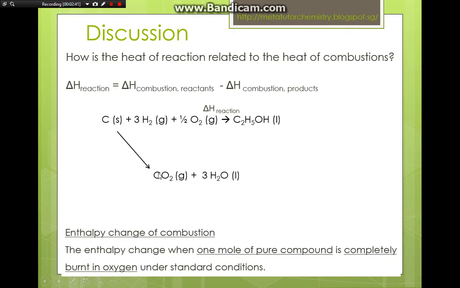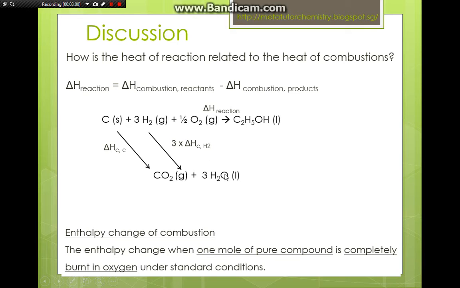For carbon combustion, we have 1 mole, so this is the heat of combustion for carbon. Hydrogen, you have 3 moles, pointing towards the products. 3 times heat of combustion of hydrogen gas.